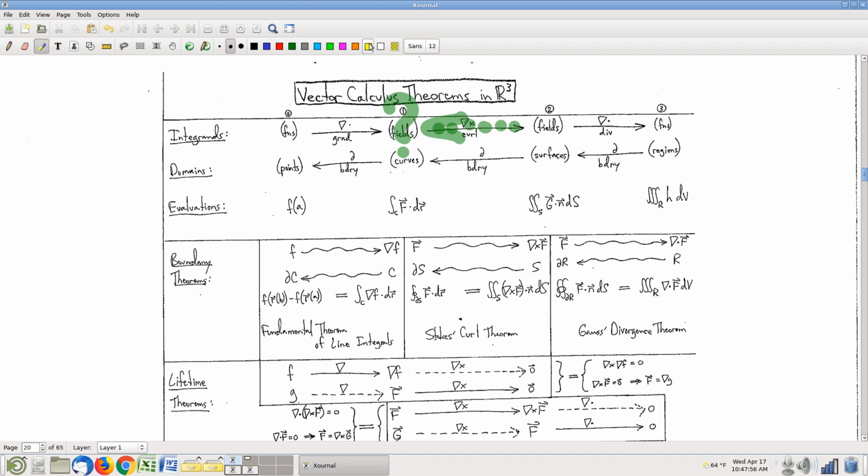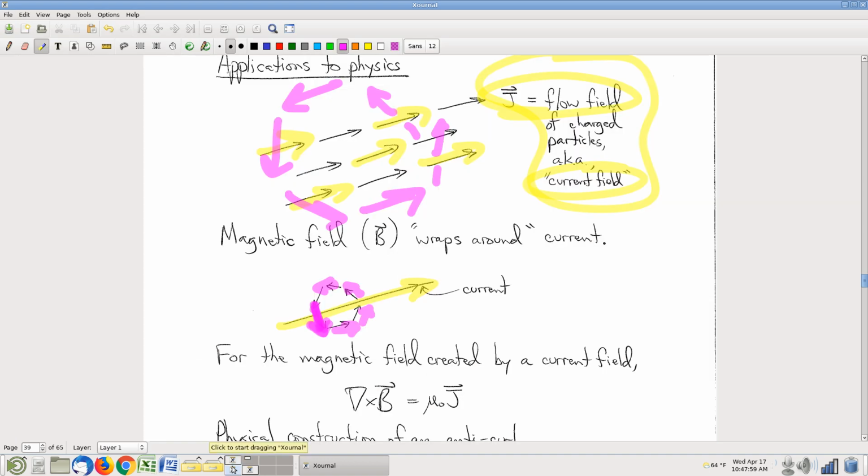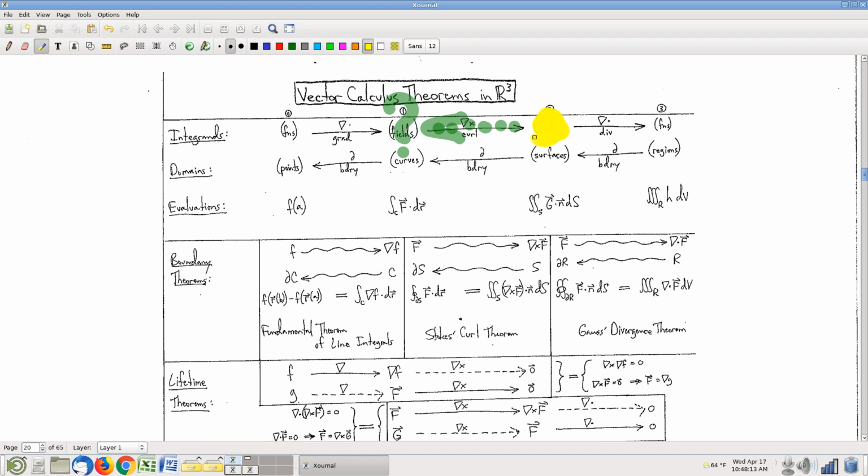Think of the vector field that you want to find an anti-curl of. Think of that as being a current.